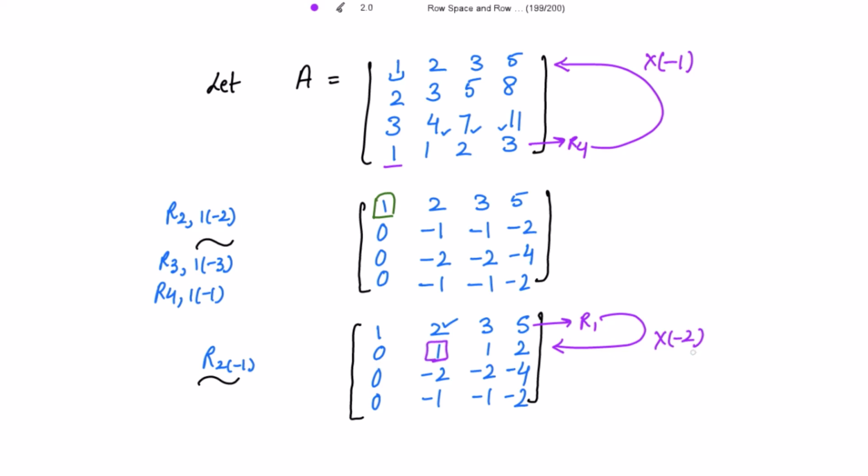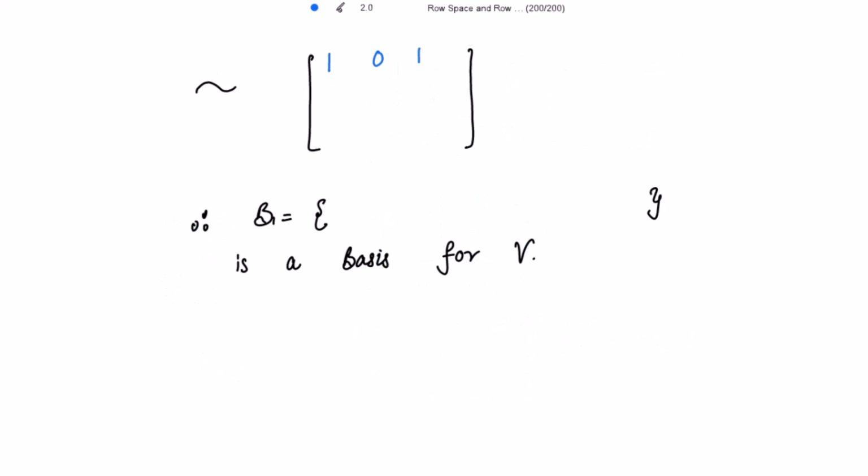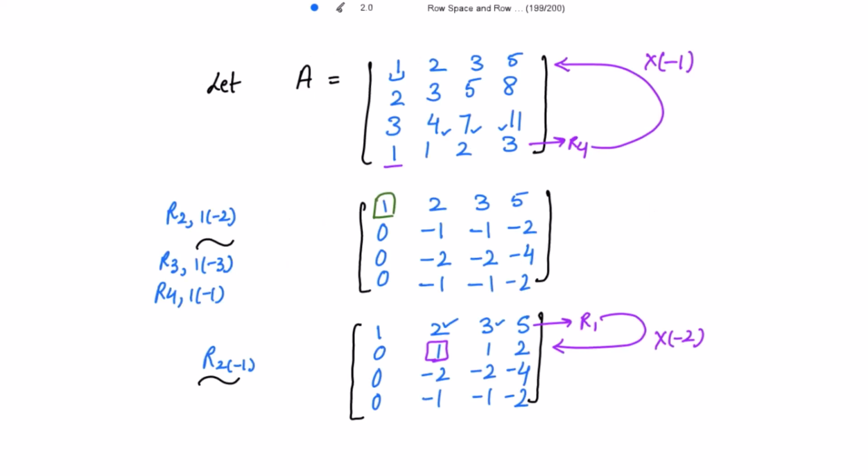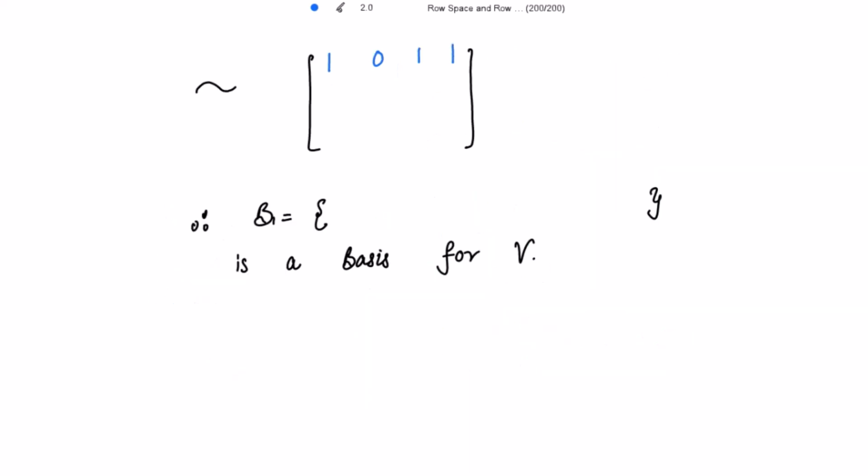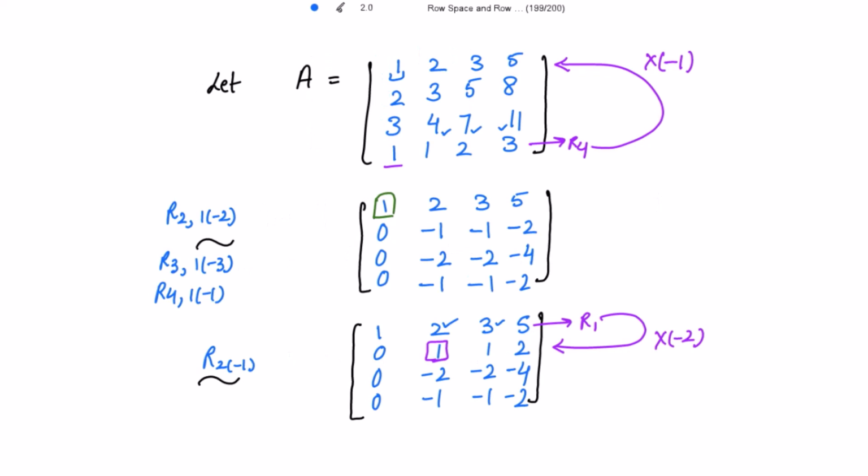So 0 multiplied with -2, we get 0, and adding this to 1, we get 1, no change. 1 is multiplied with -2, we get -2, adding this to 2, we get 0. 1 is multiplied with -2, we get -2, adding this to 3, we get 1. Multiplying 2 with -2, we get -4, adding this to 5, we get 1. Writing the second row as it is.